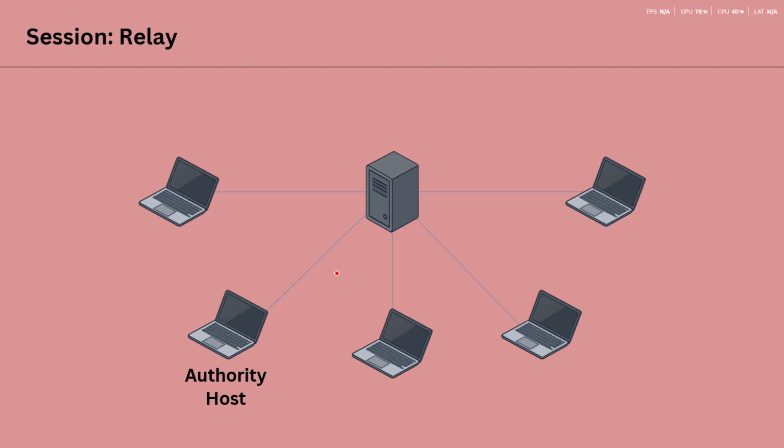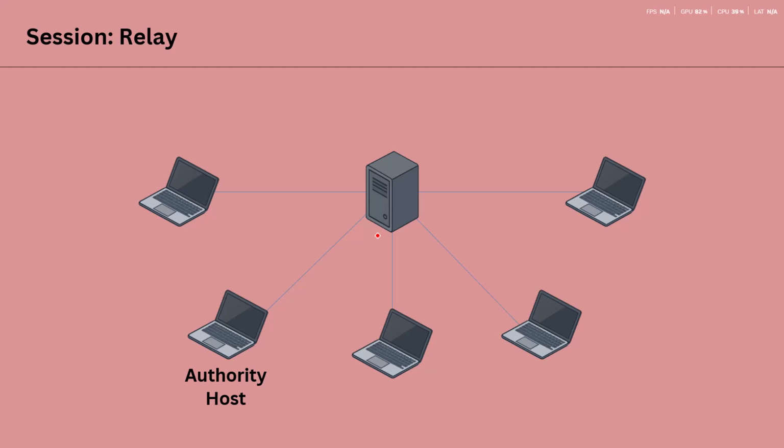But the problem with the Relay was if the host loses its connection with the server, basically all the clients are going to lose their access to the host, to the game simulation, and everything is just going to be stopped. The game is over. So of course they introduced host migration, I think, but it still needs work.